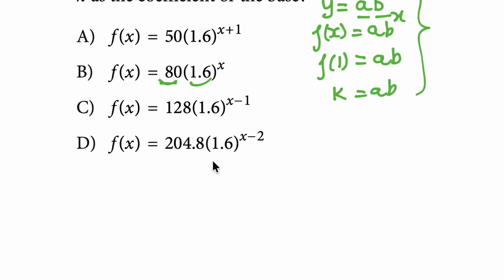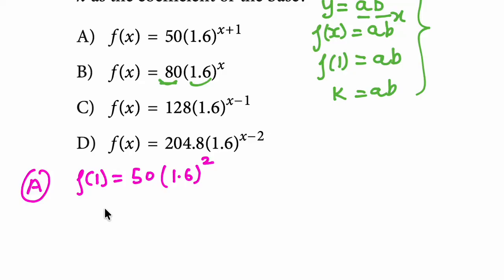Let's see. If I use the first equation, remember we have to give input as 1. So let's solve A. So f of 1 is equal to 50 times 1.6 raised to power 1 plus 1, that is 2, and k is actually the product of these, which will neither be 50 nor be 1.6, and that is the condition.